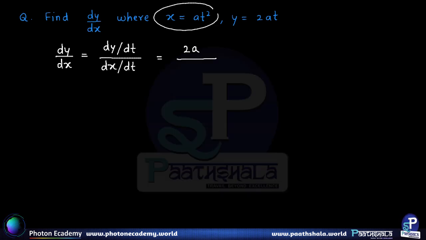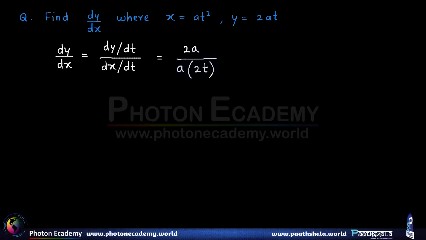Now x is at square, so the derivative of x with respect to t is, since a is a constant it will remain outside, and the derivative of t square is 2t. So therefore cancelling 2a, finally we are left with just 1 upon t. So that's the derivative of y with respect to x.